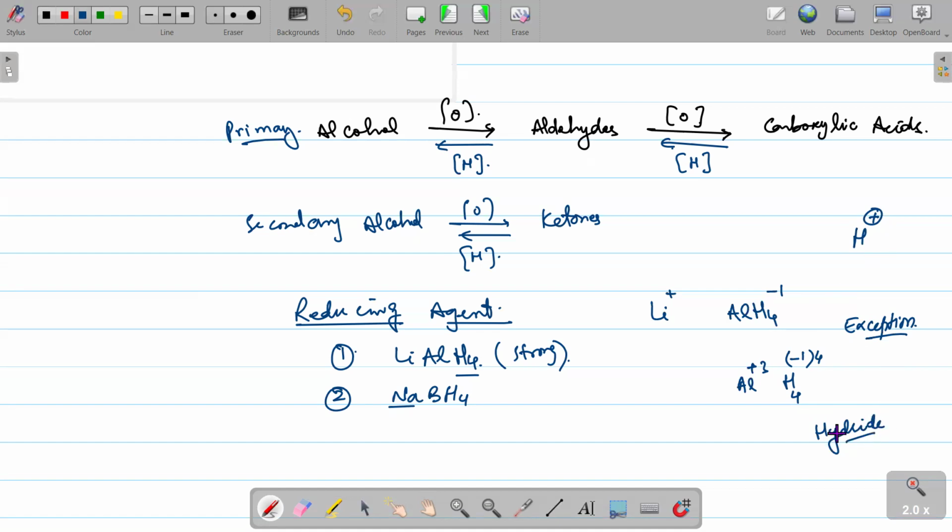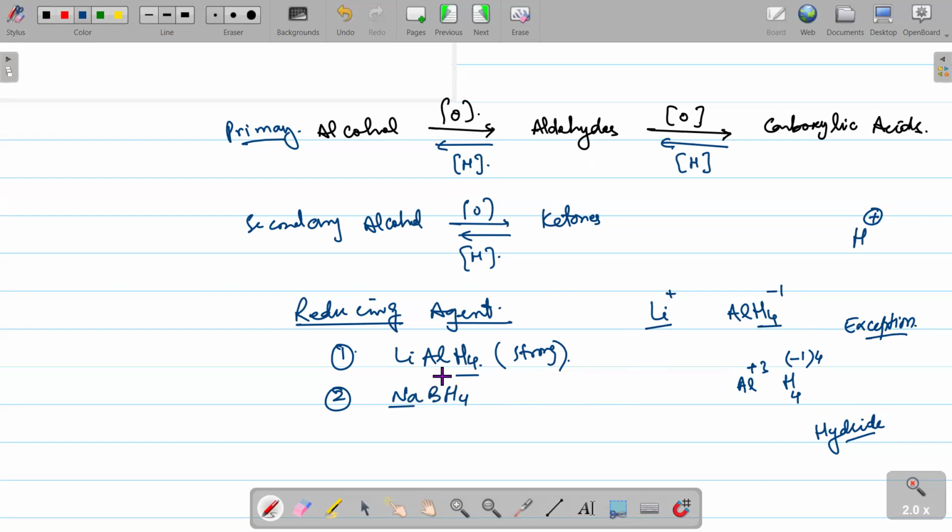Is it clear? So 4 hydride ions means tetrahydride. For the naming, we use tetrahydrido, as we use chloro, bromo, iodo. So similarly, hydrido. Is it clear? So lithium tetrahydridoaluminate, and the same is here.